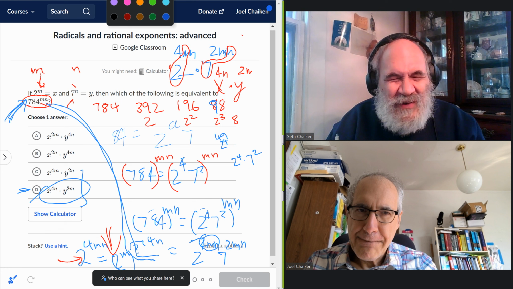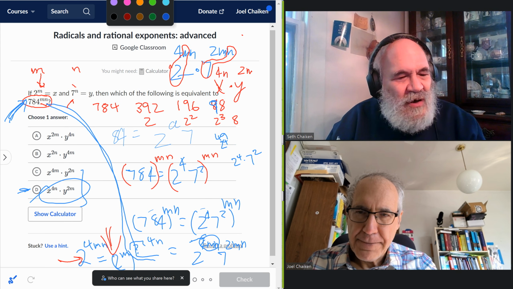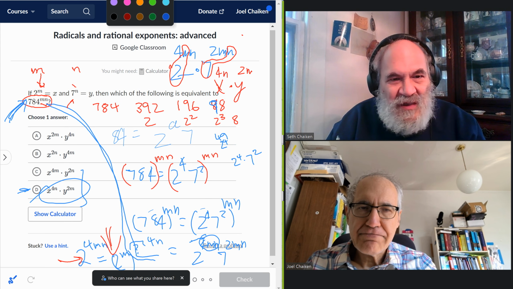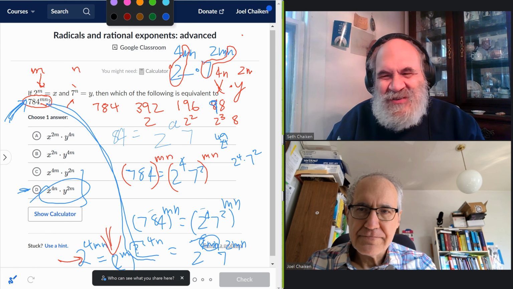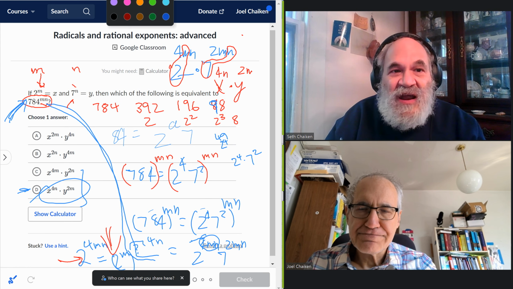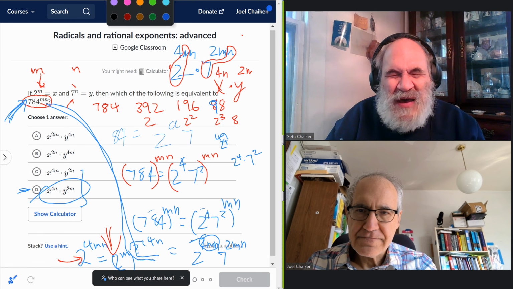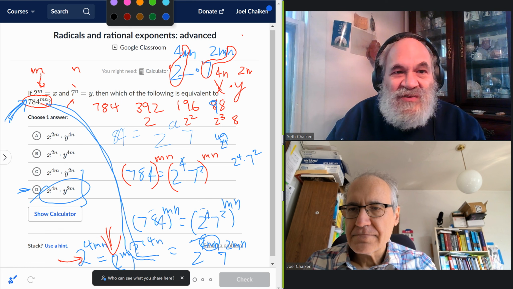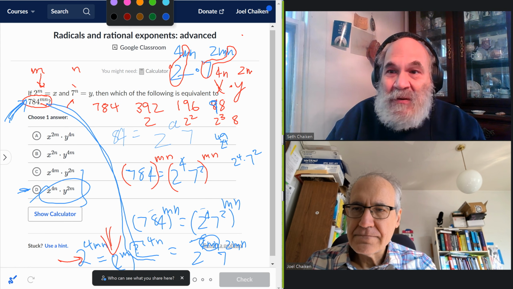Well, let's also note some of the points of this problem, the approach that you need to follow. Yep. To pay attention to certain details. Like they are asking not about 784, but about 784 raised to the mnth power.